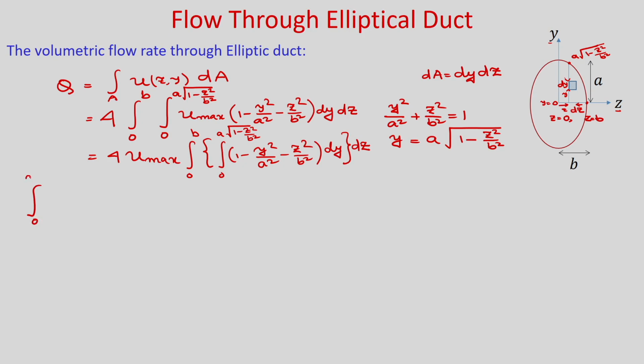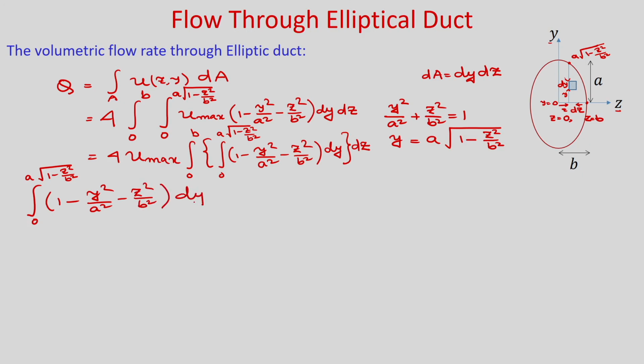So, first let us evaluate the integral inside the curly bracket. So, 0 to a root 1 minus z square by b square, 1 minus y square by a square minus z square by b square dy.